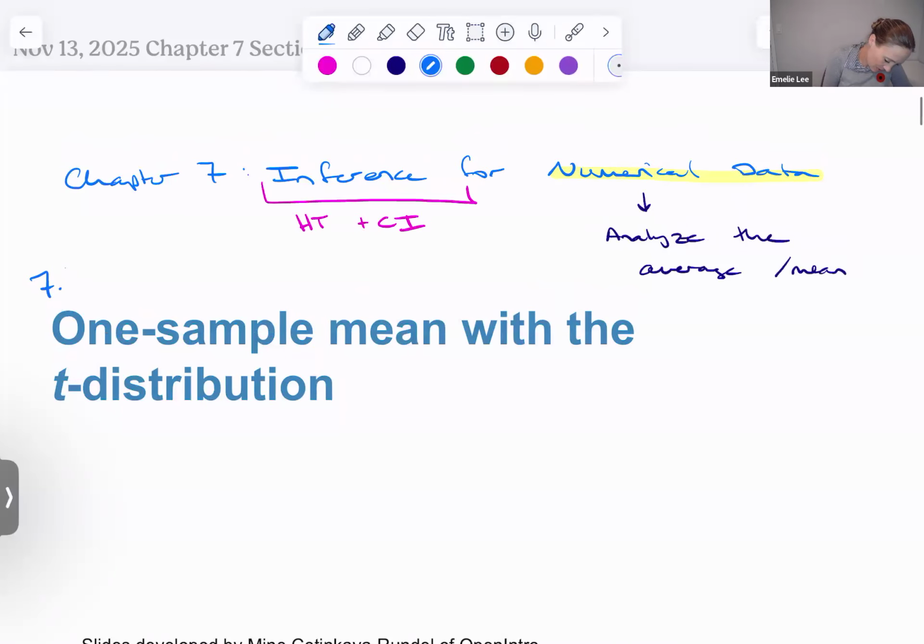This is section 7.1: one sample mean with the t distribution. When we're analyzing means, we use the t distribution. It's especially nice because the t distribution is very similar to the z distribution, right? So knowing everything that we know about z will translate in a similar way to the t distribution.